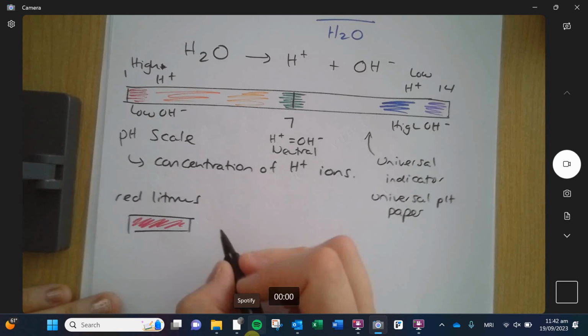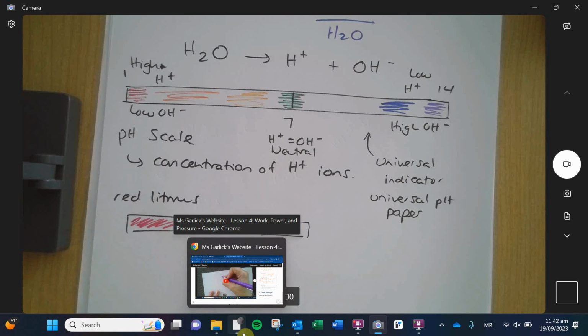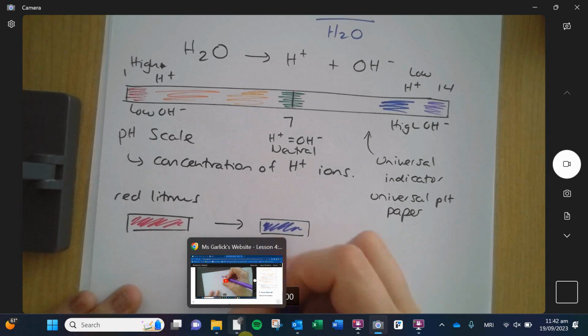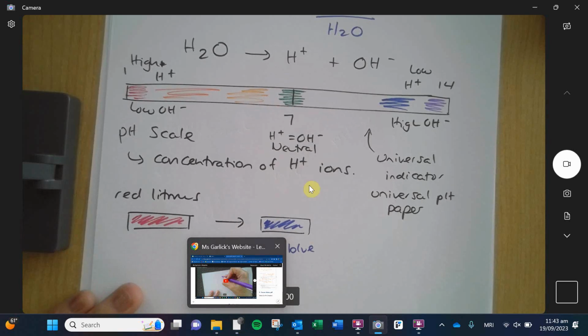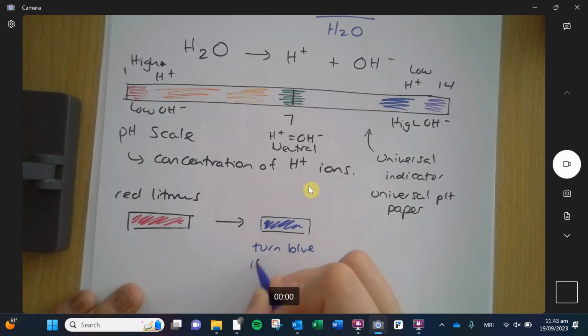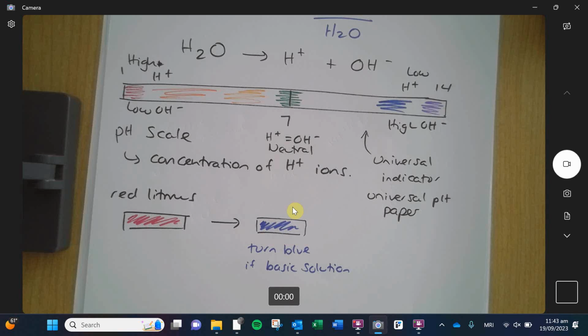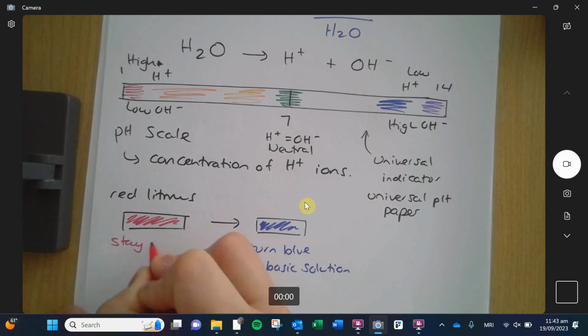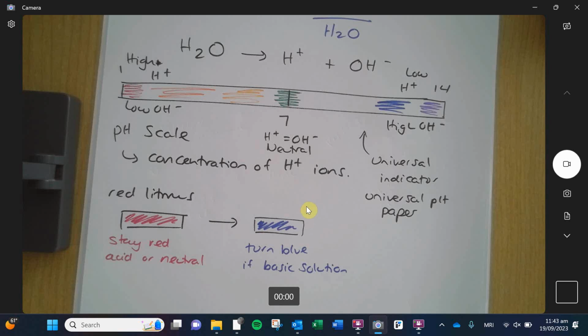Now this one will turn blue, but it'll only turn blue if we have a basic solution. It will stay red if it's acid or if it's neutral. So that's another way we can tell what's going on.